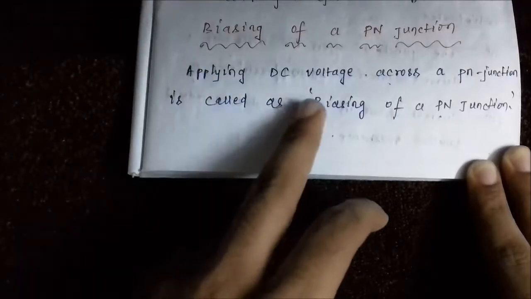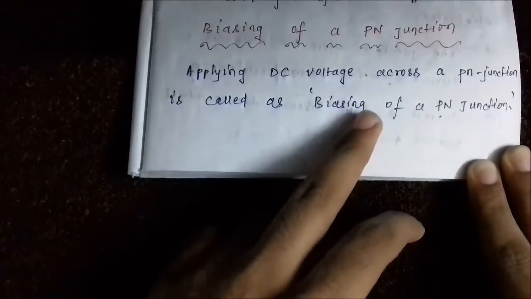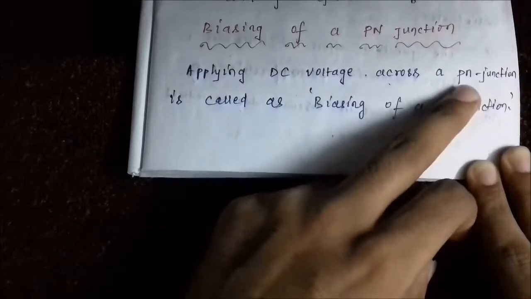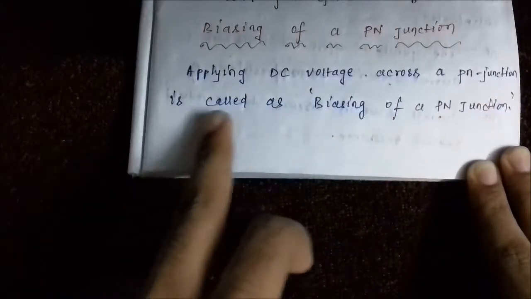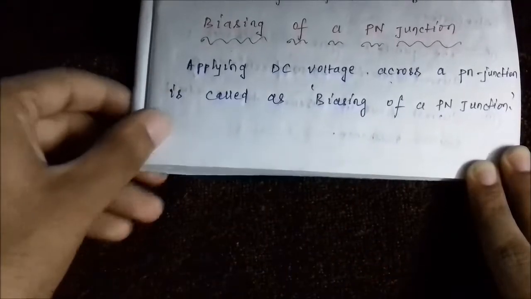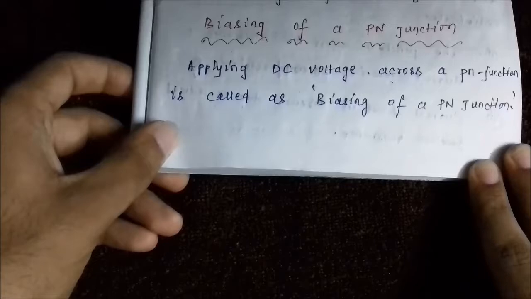So the application of DC voltage to a device, in this case a PN junction, is called biasing. That is the definition of biasing.